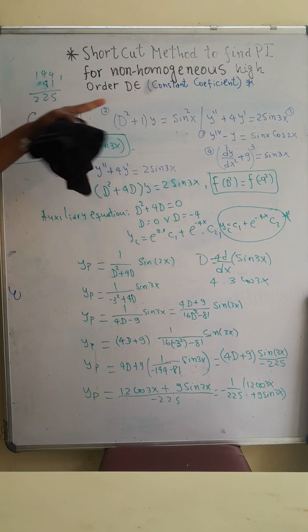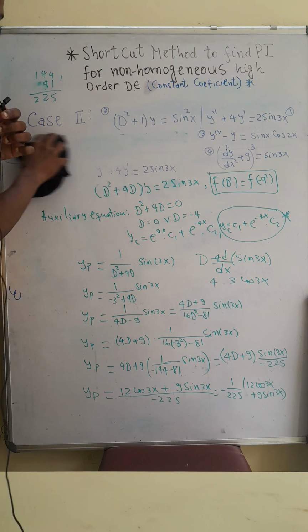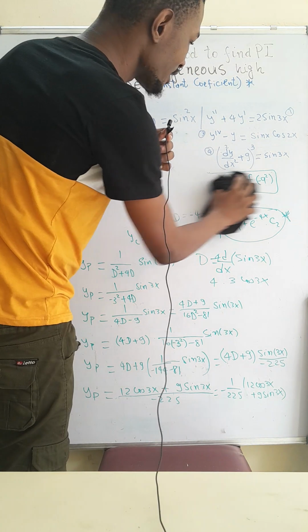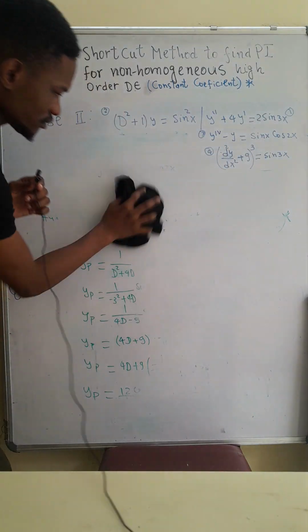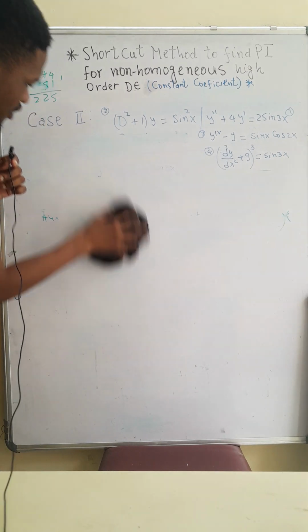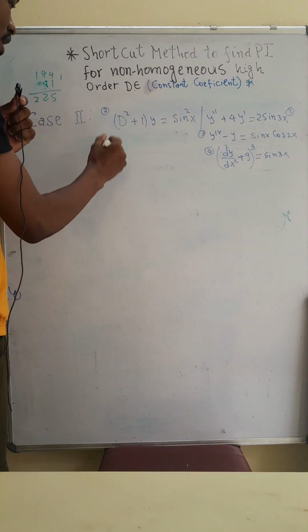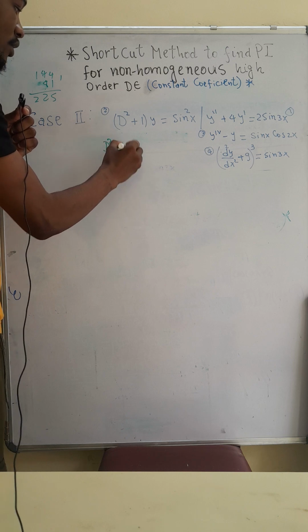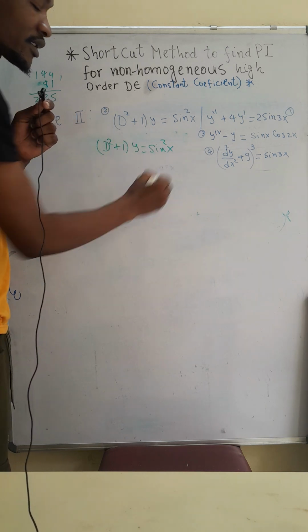In this second exercise, let me just erase it out. So for the second question, you now have d squared plus 1 y is equal to sine squared of x.